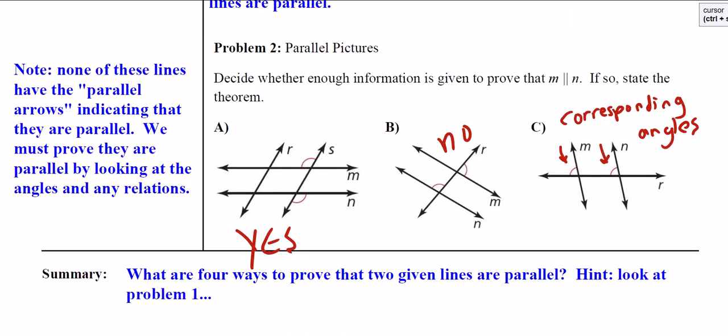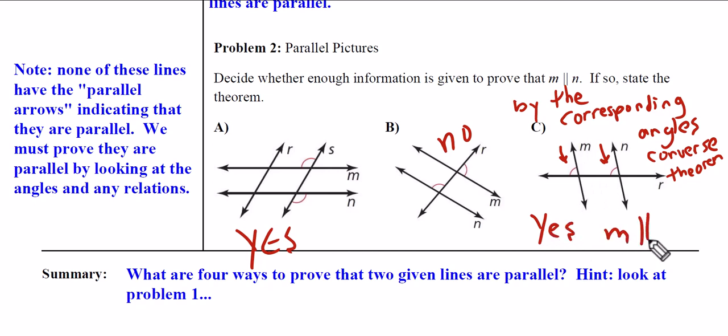So, based on the corresponding angles converse theorem, because the corresponding angles are congruent, then yes, line M is parallel to line N, and therefore I can actually put my little arrows on here showing that they are parallel indeed to each other.